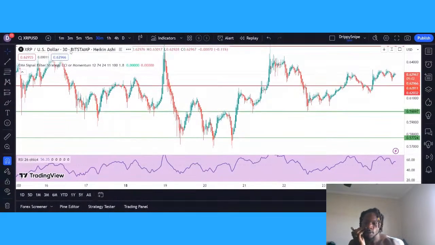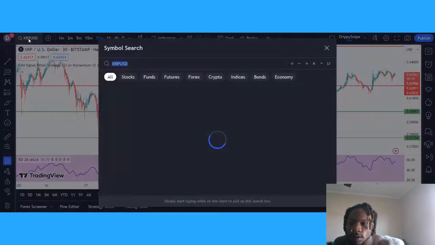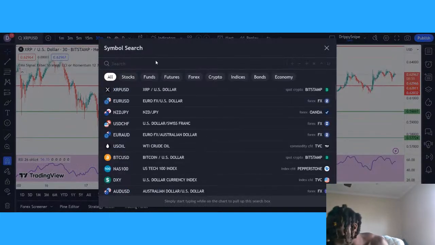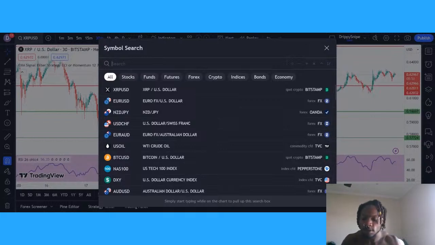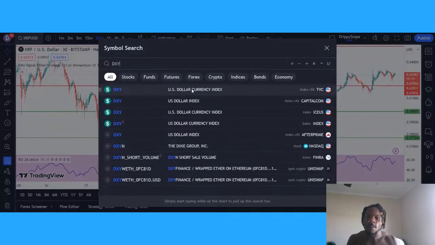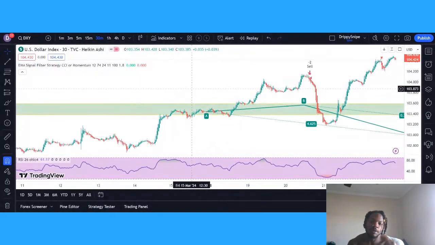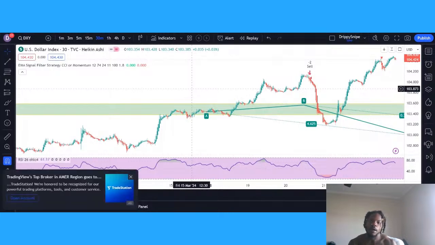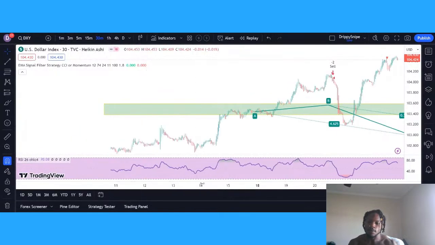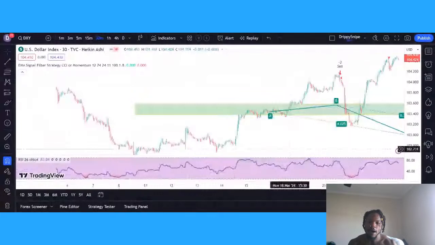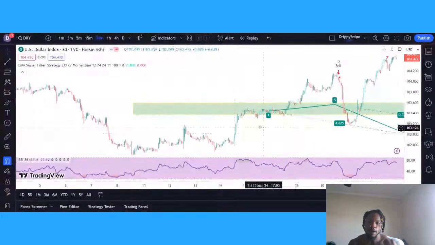Saw the XRP bull we had going on. Let's look at the dollar because we had a very colorful week last week. Last week you could have been really right about where you thought the dollar was going. Let me explain. The Fed came out very dovish, right?